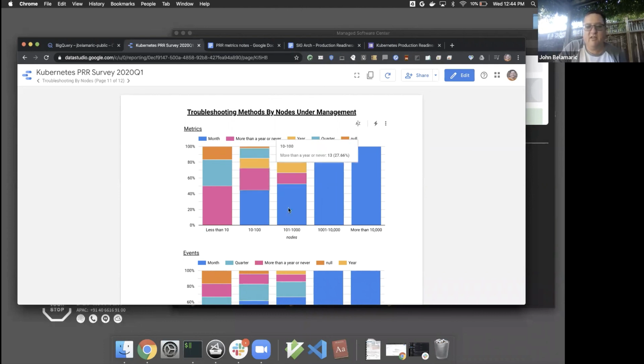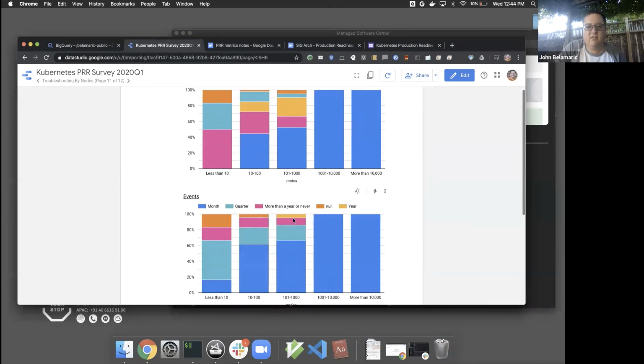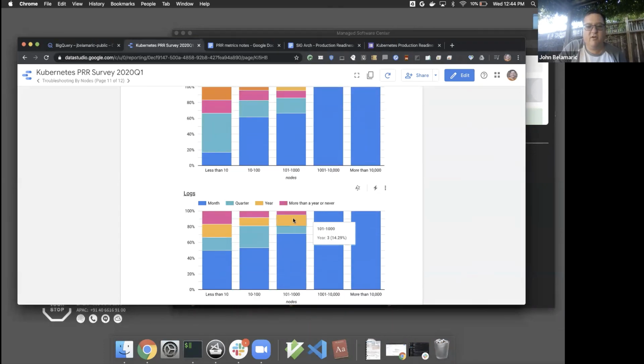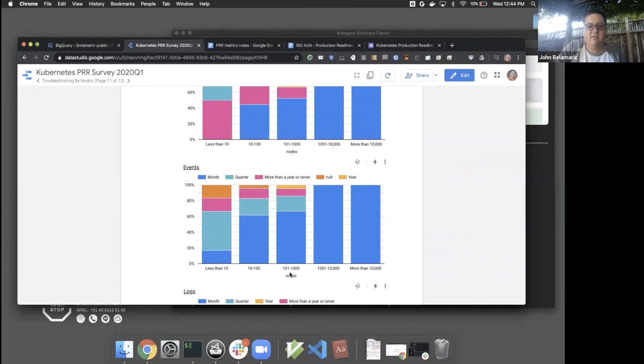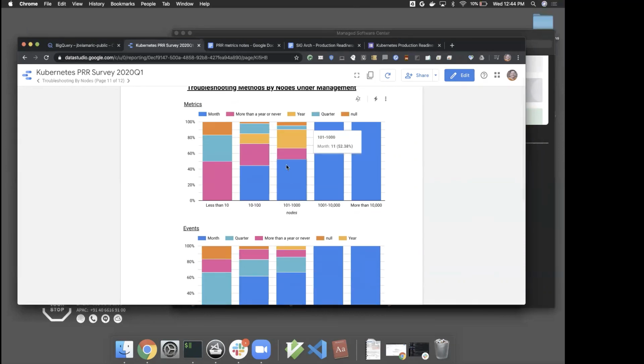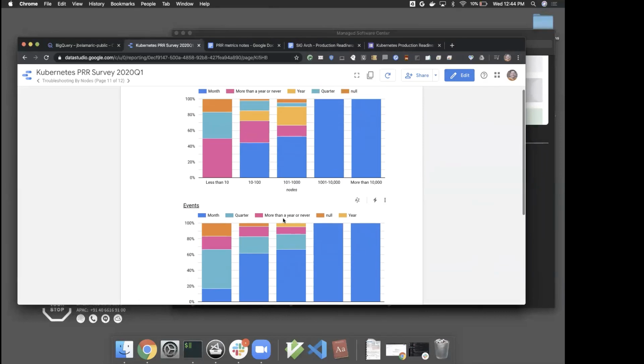But to me, the number of people who actually are using logs is kind of surprising, and this to me is, actually I'm surprised this is not higher. You're surprised events are not used more?